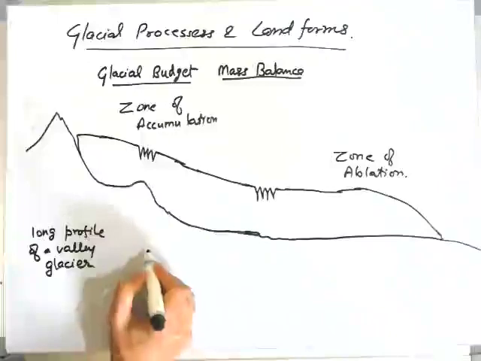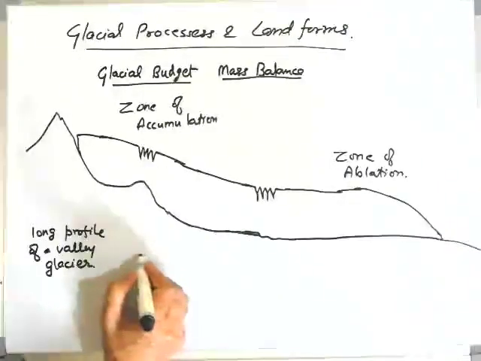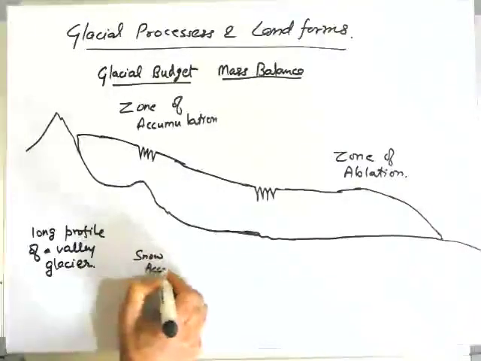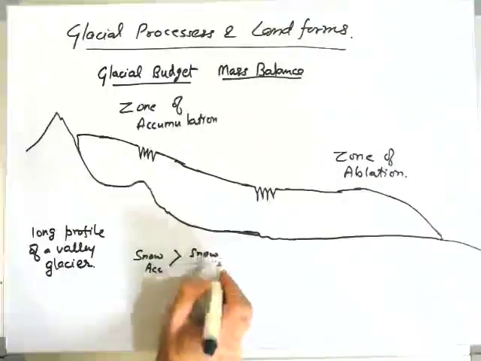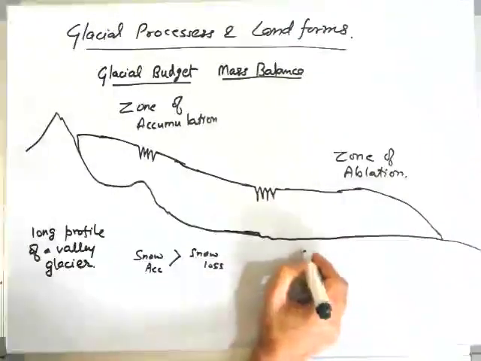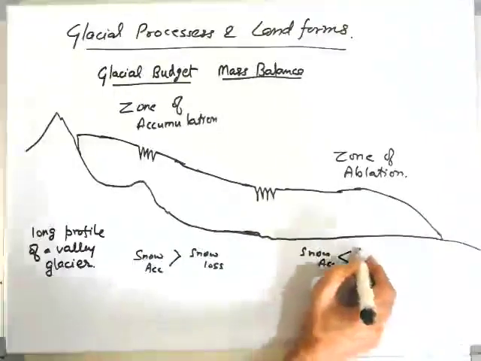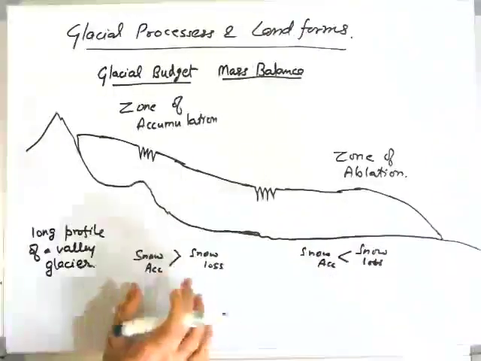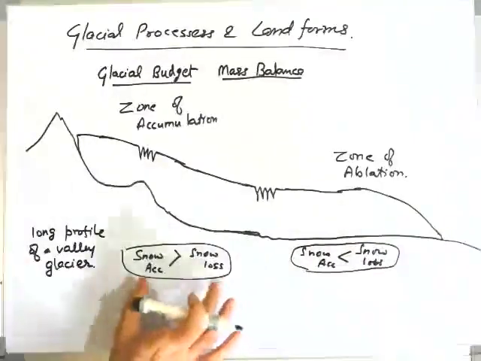Here in the zone of accumulation, the rate of snow accumulation is greater than snow loss. In this case it is reverse. Here snow accumulation is less than snow loss, but we have to consider it on an annual basis, meaning for the whole year.